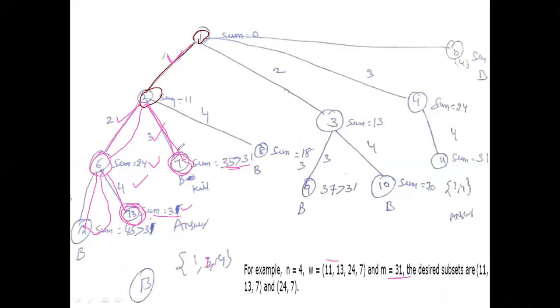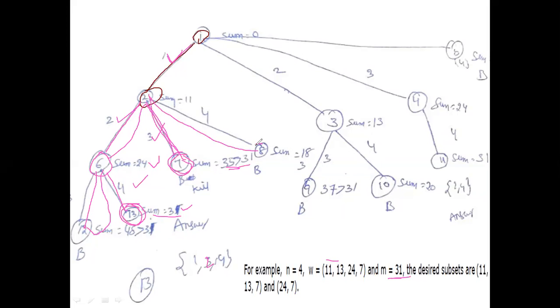So go back to the second node, and the second node generates another child, that is the eighth node. The eighth node represents 1 comma 4, and the sum of the two elements is 18.